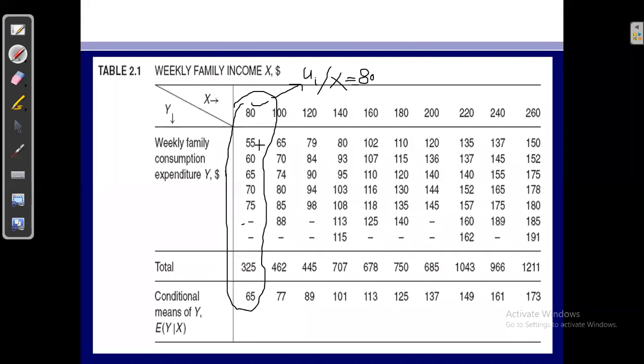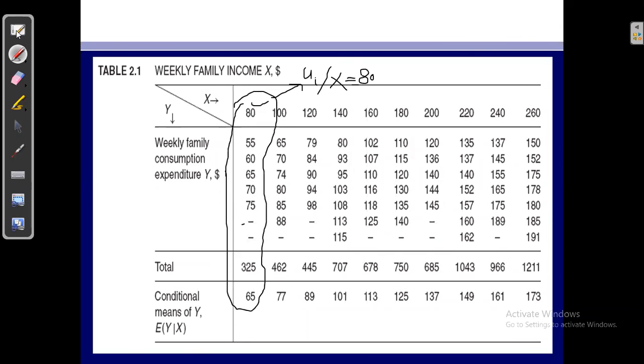So the difference of each of these y values from this mean 65 will give you the disturbance term value. For example, the first value of the disturbance term corresponding to x equal to 80 would be obtained as 55 minus 65. The second value would be 60 minus 65. The third would be 65 minus 65, and so on.